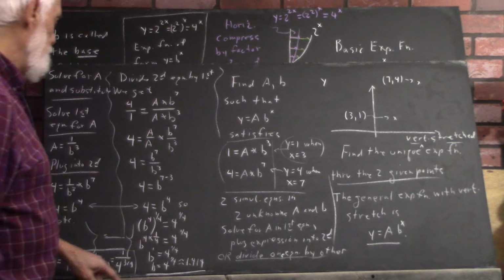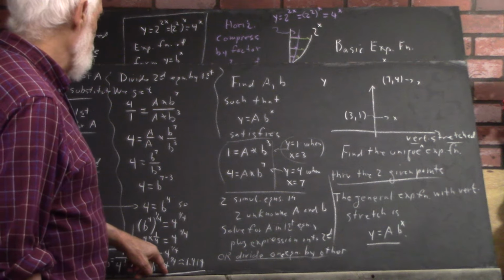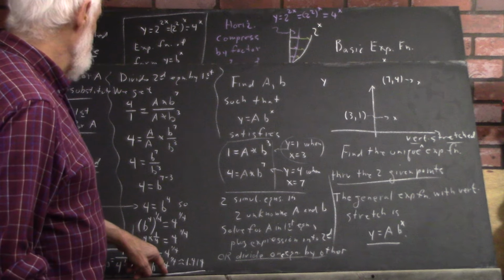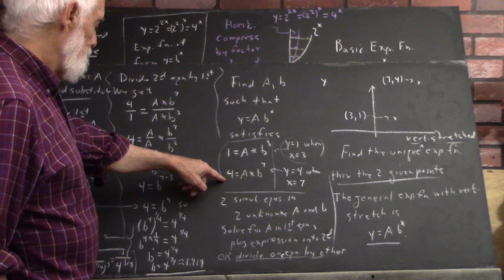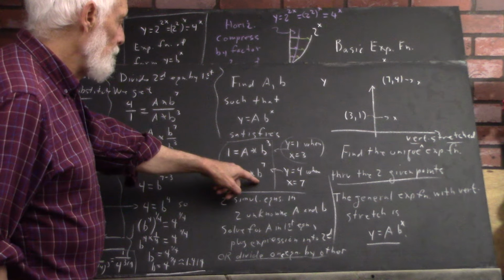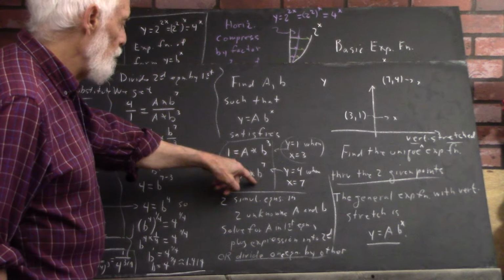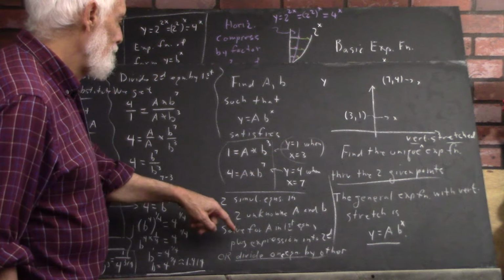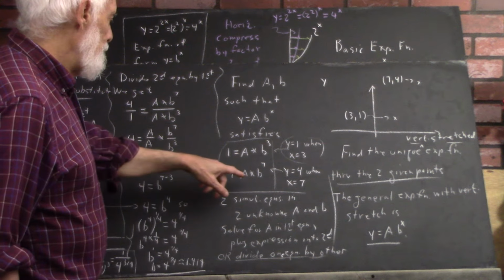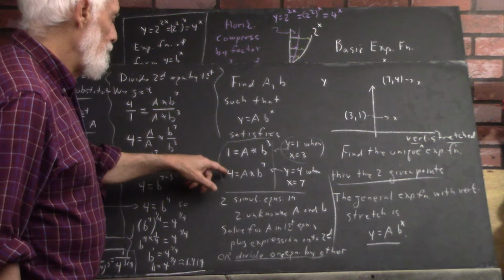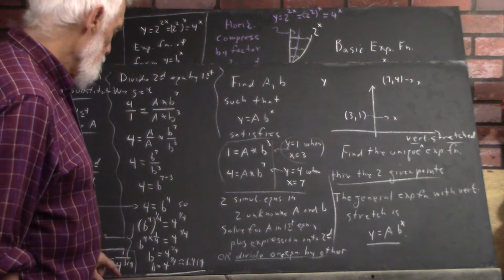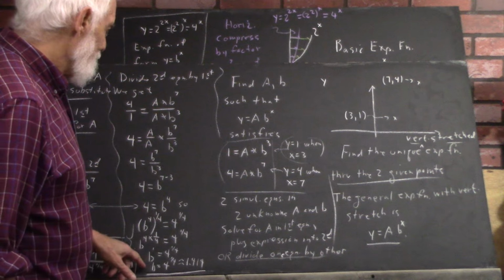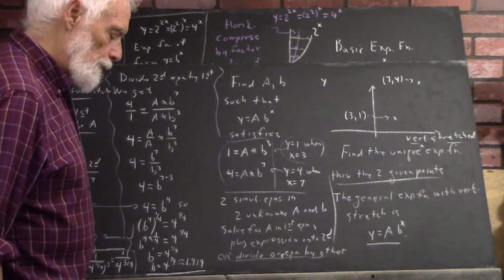Had I plugged 4 to the 1/4 into, let's say, the second equation, b is 4 to the 1/4, I would have gotten 4 to the 7/4 here. I'd have to divide 4 by 4 to the 7/4, which would have given me 1 over 4 to the 3/4. So generally I plug this back into one of the equations.